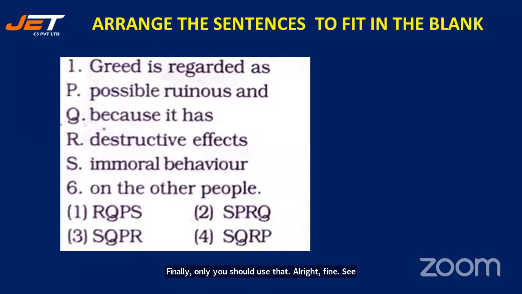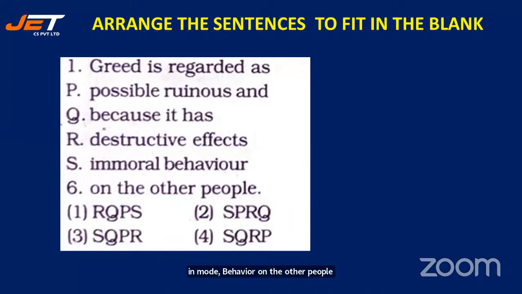Greed is regarded as dash. Okay, so greed is regarded as, give the options. The possible options are: P, possible ruinous, and Q, because it has destructive effects, immoral behavior on the other people.